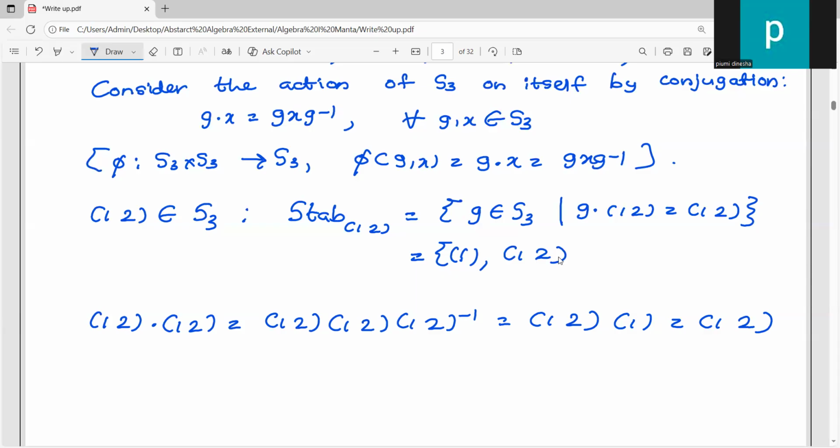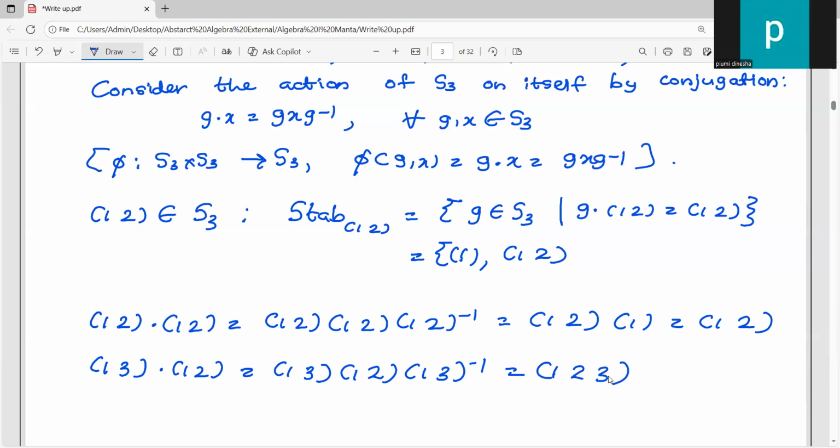Do we have any other elements? If we check (1 3), if you go with (1 3) dot (1 2), this is simply (1 3), the inverse of (1 3). The inverse of (1 3) is also (1 3) itself, right? If you calculate (1 3) times (1 2), you see that 1 goes to 2, 2 goes to 1, and 1 goes to 3.